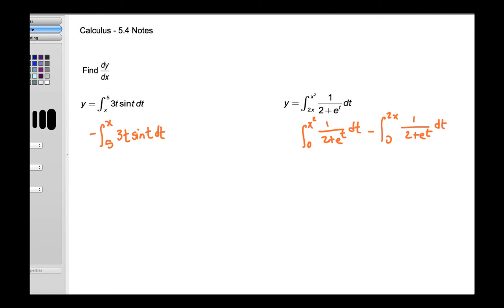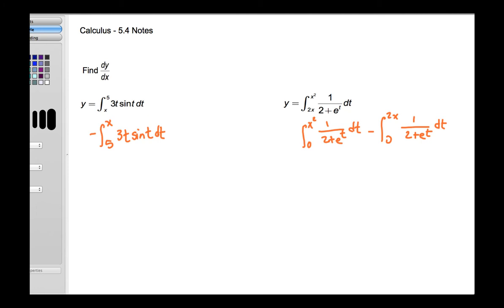And so when you combine these two together, remember you're going to have stop minus start, so you're going to end up with x squared minus 2x. And then when you rewrite them in this form, you're still going to have the x squared minus the 2x.